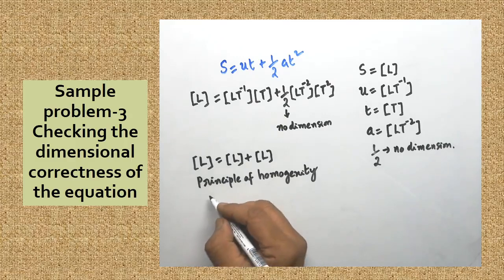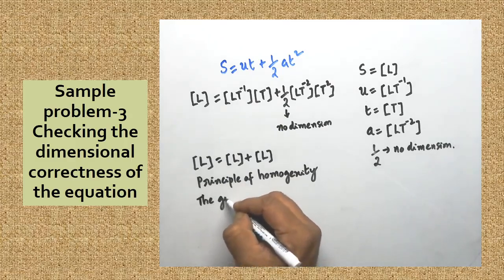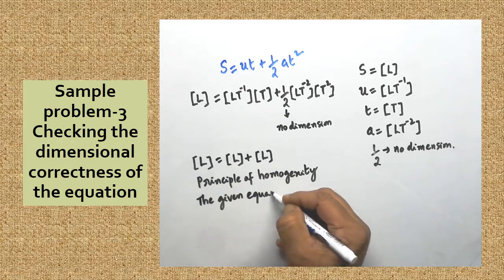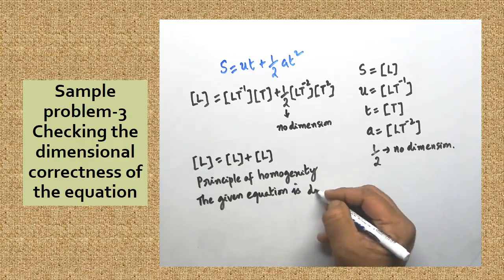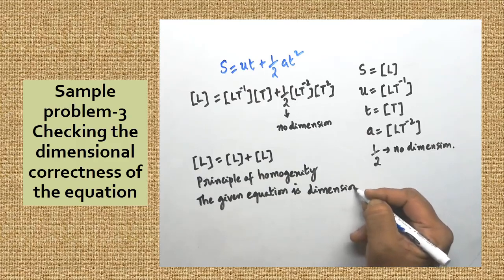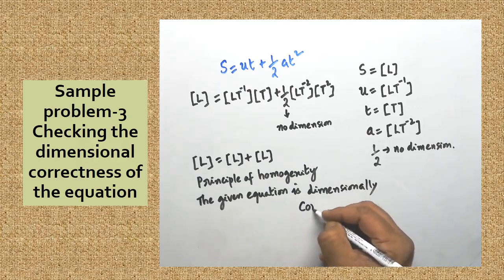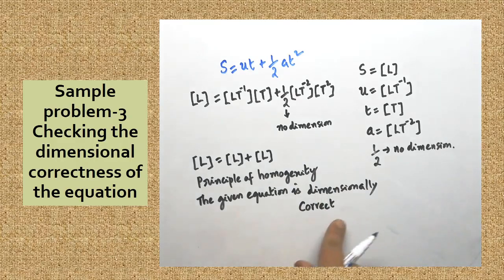Okay. So we can say that this given equation is dimensionally correct. We have to write like this. This given equation is dimensionally correct. How do I say that this given equation is dimensionally correct?